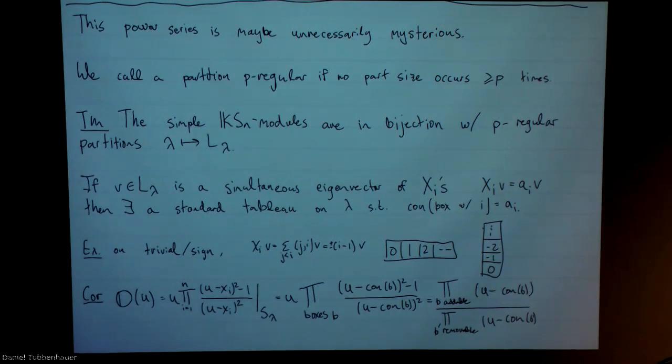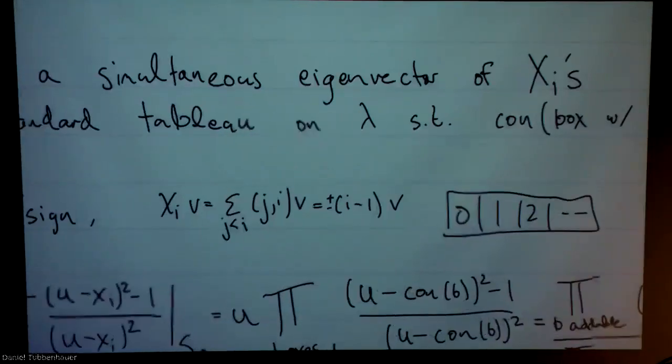So for example, just to kind of convince yourself that this isn't crazy, look at the trivial or the sign representation. So what happens? Well, there's only one non-zero vector up to scalar. And the Jucys-Murphy element acts on that guy, and the Jucys-Murphy element is the sum of i minus 1 transpositions.